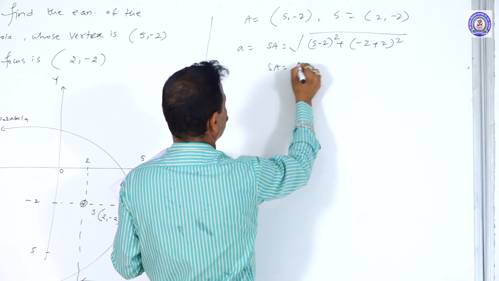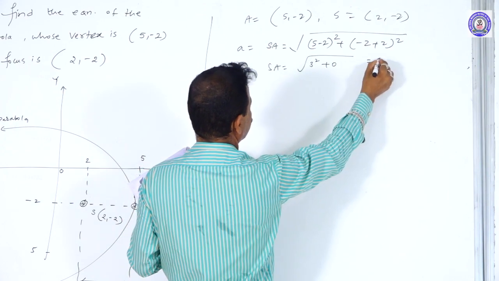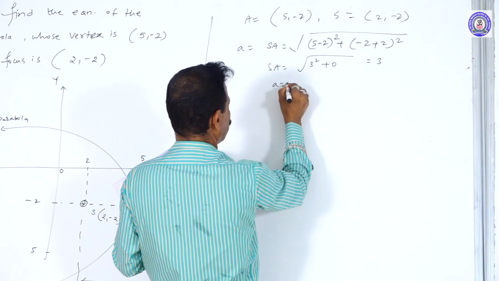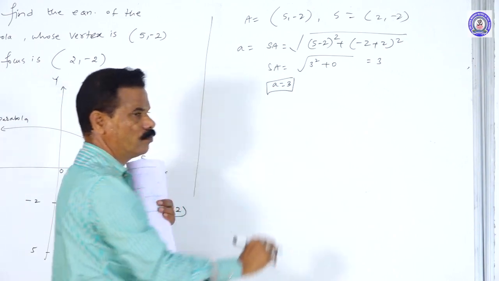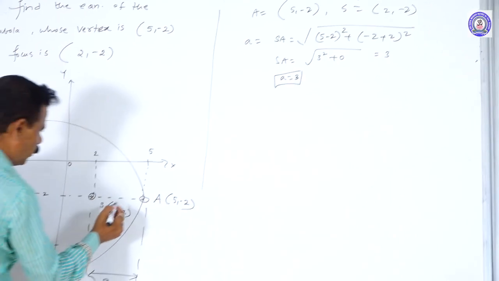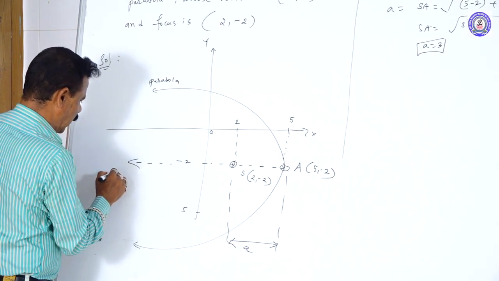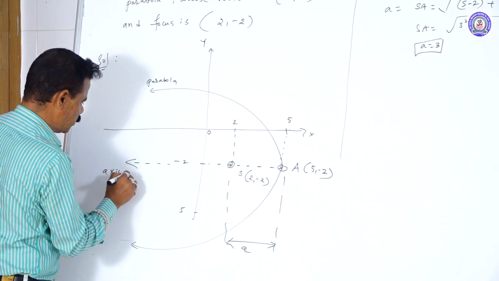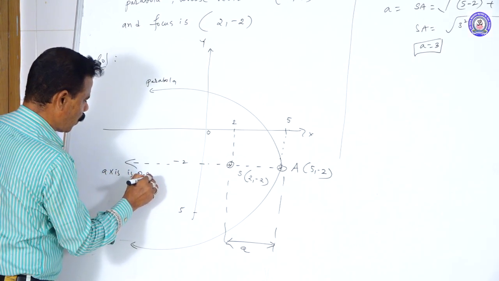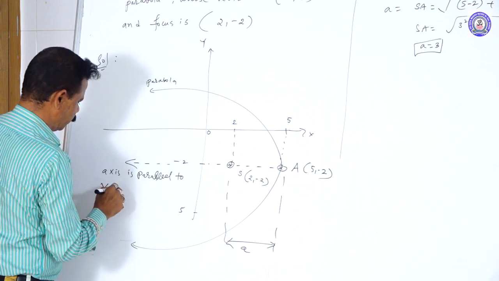SA is equal to 3 squared plus 0, so it is equal to 3. So a = 3. So here the axis is parallel to the x axis.